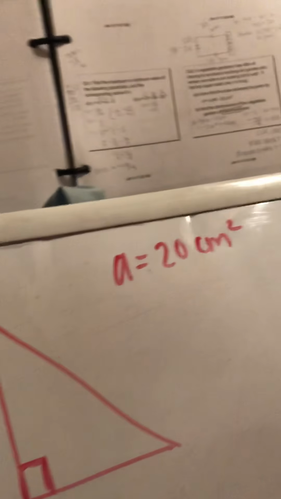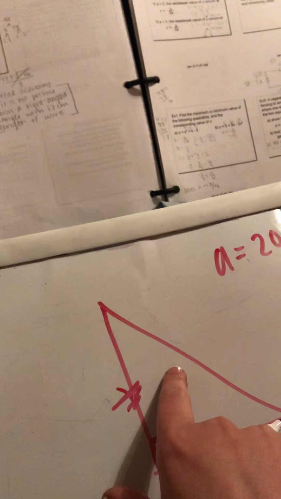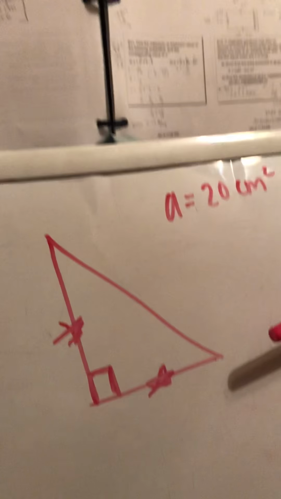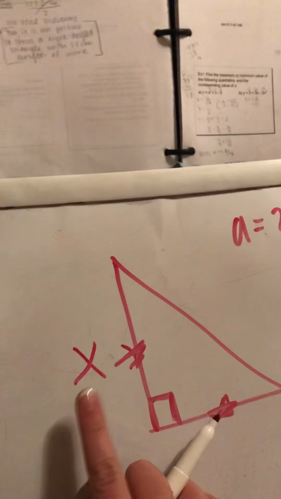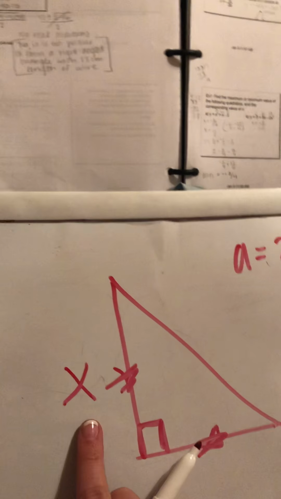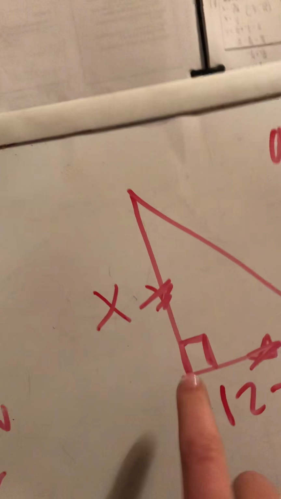So you have a 12 centimeter wire, and you're just trying to find the legs, not the hypotenuse. If you use a certain amount of the 12 centimeters for this side, you only have whatever is left for this bottom side.